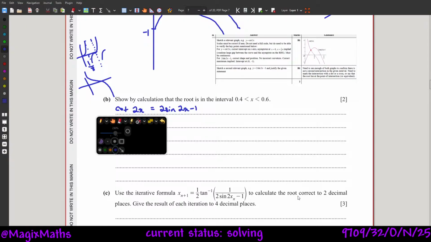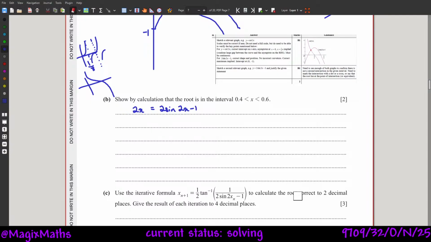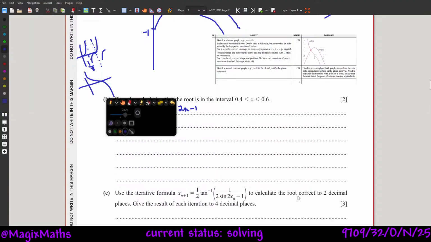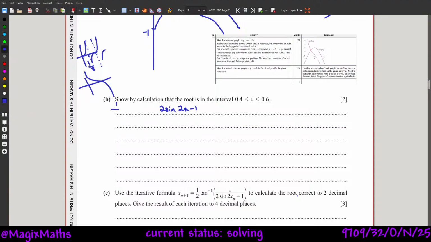This is 1 over tan. And we'll times the whole thing by tangent, so it's 2 sine.